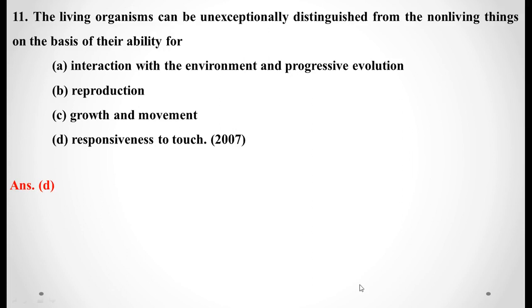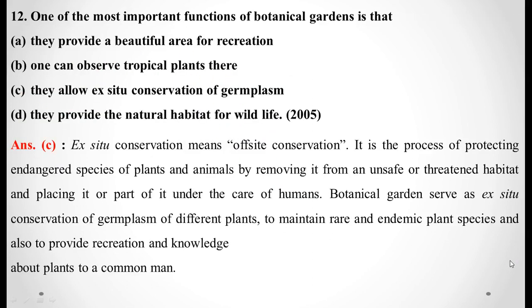One of the most important functions of botanical gardens is that they provide a beautiful area for recreation. One can observe tropical plants there. They allow ex situ conservation of germplasm and they provide a natural habitat for wildlife. So the right option is option C. Ex situ conservation means off-site conservation, away from their natural habitat.